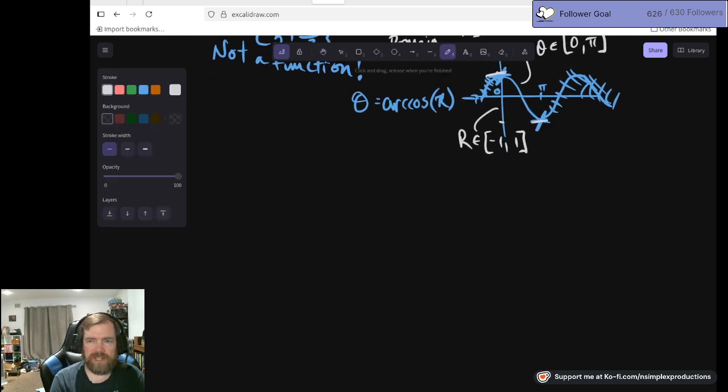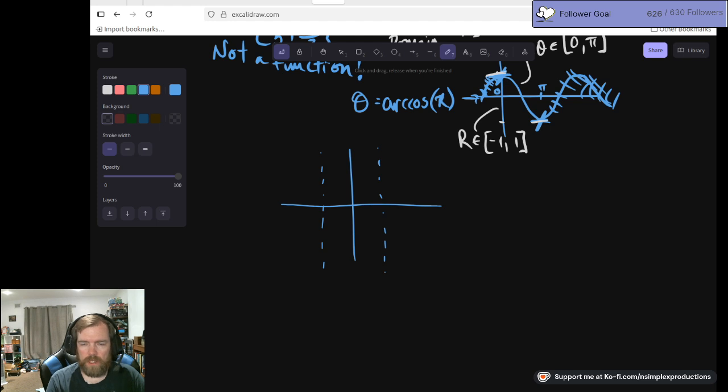When we get to arctangent, it's a little bit different. Our tangent function ends up existing between -pi over 2 and pi over 2, and then repeats itself outside of that.